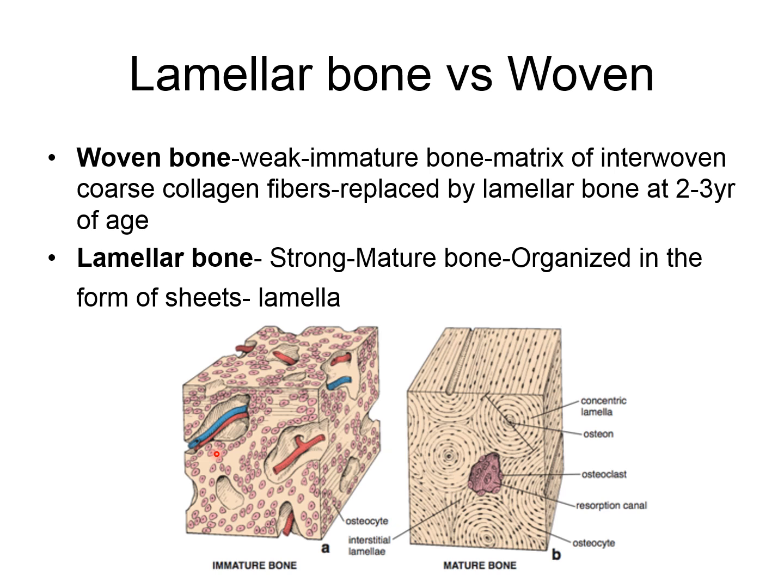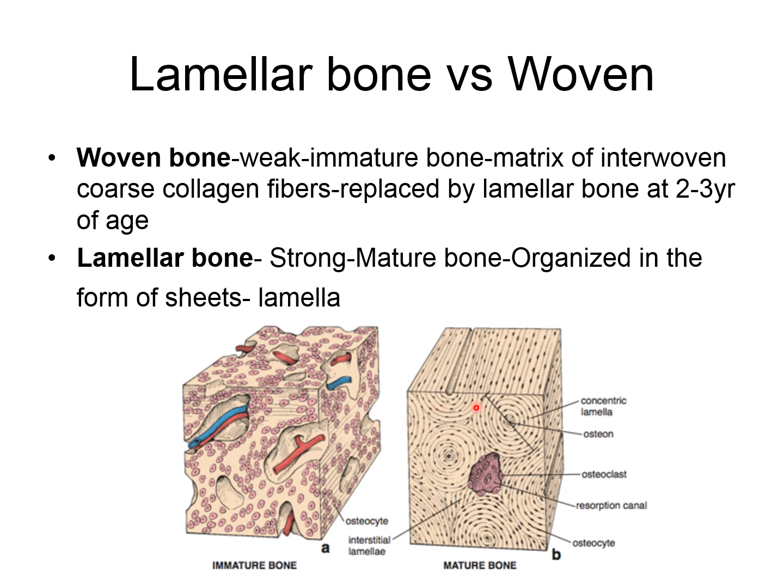The woven bone is replaced by lamellar bone at 2 to 3 years of age. The fibers are not in the form of sheets in the woven bone, which gives them less strength because the fibers are arranged haphazardly, so they are not giving strength in one direction.